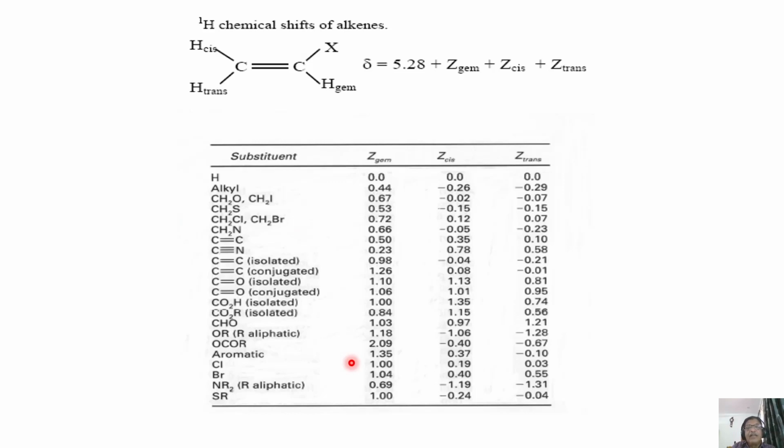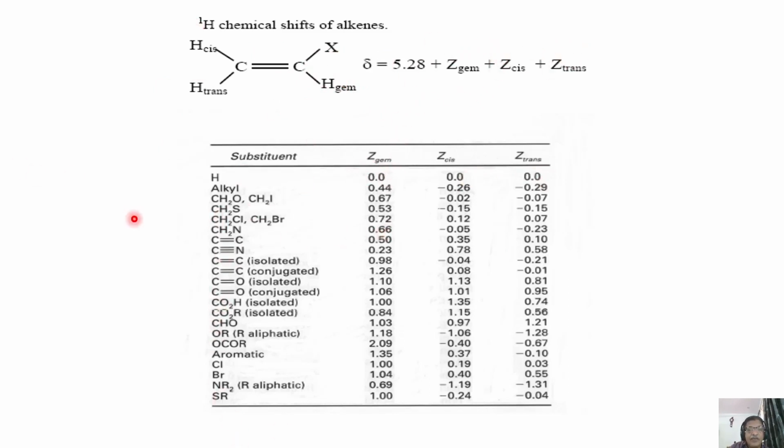Okay, so like that you can find out the chemical shift of the alkenes for trans, cis, geminal coupling if it is present, what happens if it is in a cis position, geminal position, trans position. And for alkenes, the base value is 5.28. We have to take what happens with different substitutions, whether it is cis to this proton, geminal to the proton, or trans. If there is a geminal group, let us say a proton, then the value for this is 0.